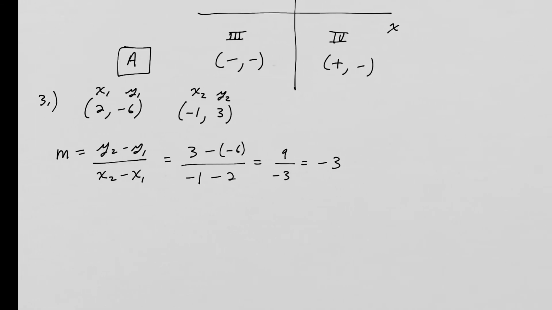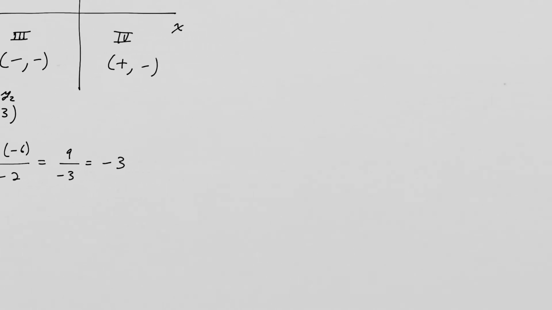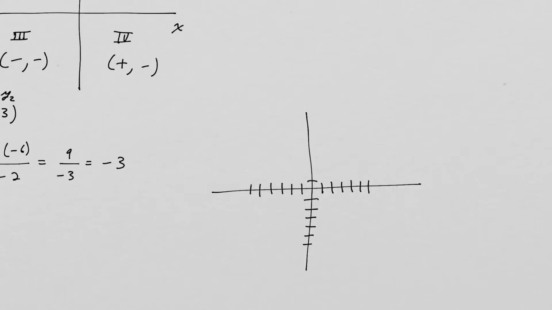So let me move this, give myself a little room here. So here's the Cartesian coordinate system, and so x, y, and let's see, I have the point 2, negative 6.